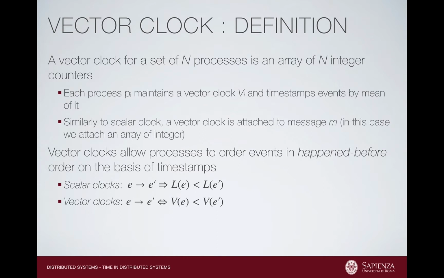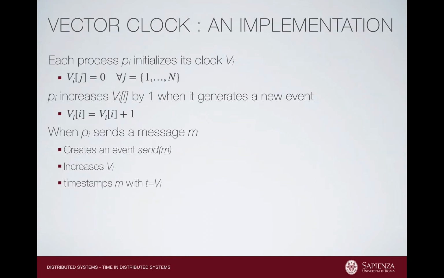Remember that we imagine that we have IDs that are mapped between 0 and n minus 1. These vector clocks are attached to messages as for scalar clocks, as we have seen. And when you initialize, you set all the locations of your vector clock to 0.